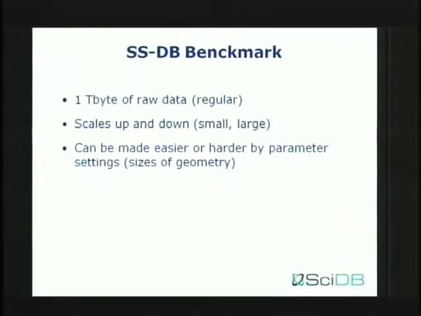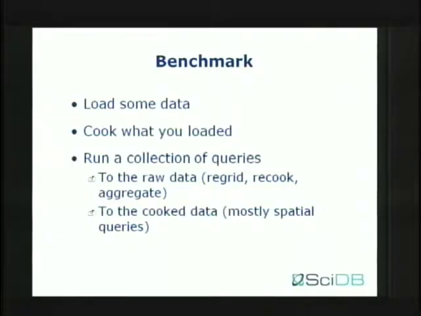So you can make the parameters make this benchmark much easier or much harder. And so load some data, cook what you loaded, and then run a collection of queries that are on raw data and cooked data. So that's basically the benchmark. The details of the queries are on the poster outside that you can go look at during the break.